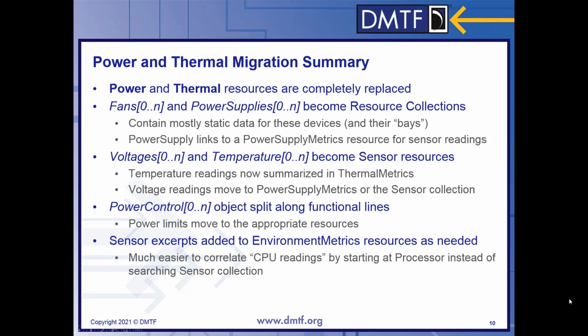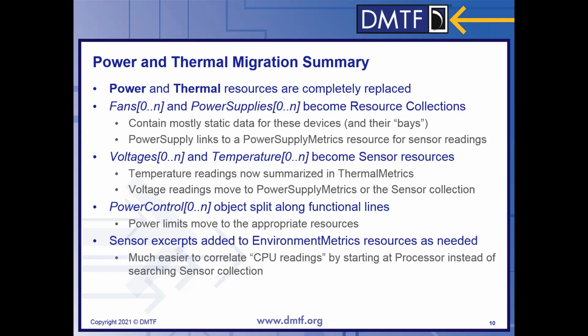Power control was one of the more complex parts of the power resource. So that has been broken up into a couple areas. The power limits move to the appropriate resources, and there's still some work left for us to do to find use cases where folks had specific power limits on a particular device, we want to move that to the device itself.